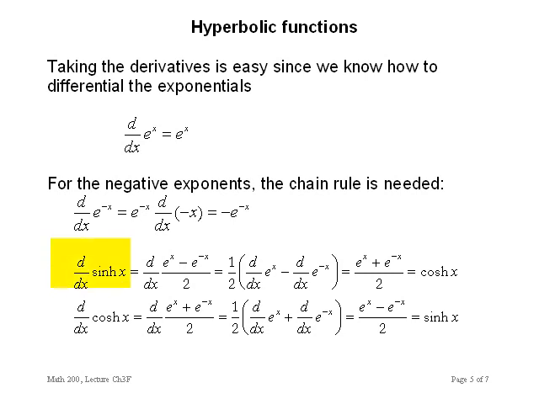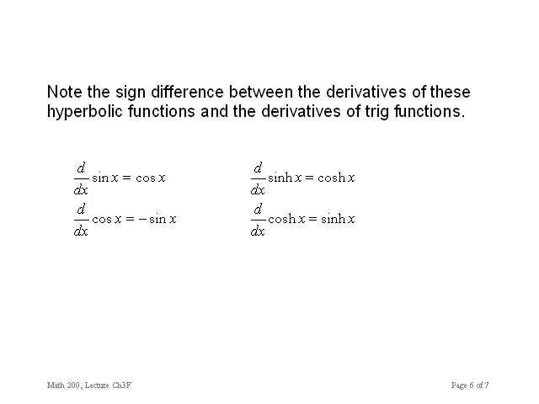Derivative of hyperbolic sine is hyperbolic cosine. The derivative of hyperbolic cosine is hyperbolic sine. So I've written that out so you can see it here. Here are the derivatives of those trig functions, and notice the negative sign. Here are the derivatives of the hyperbolic functions. They look very similar, but there is no negative sign.